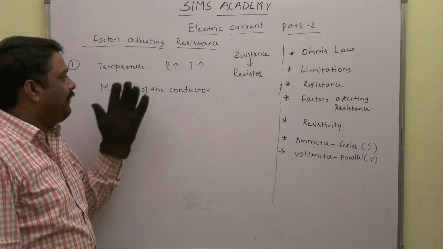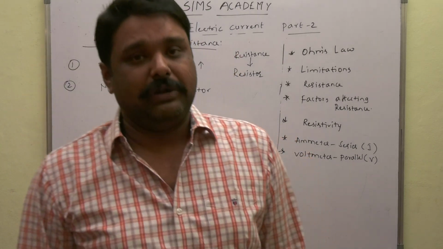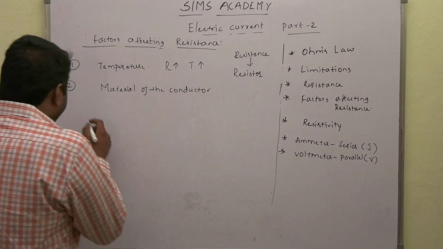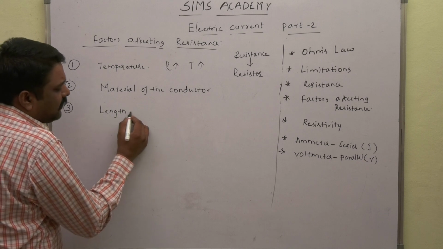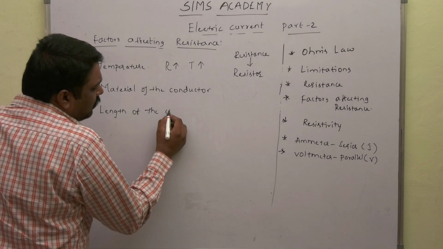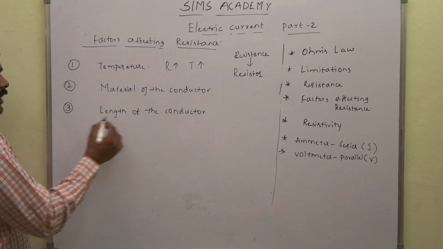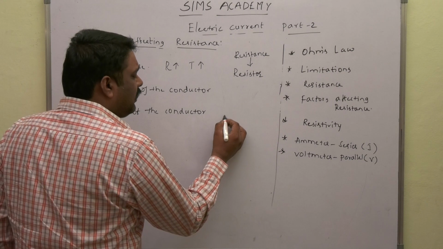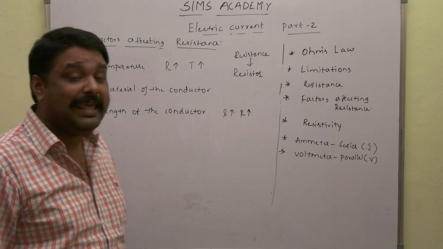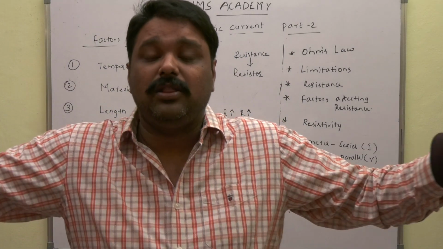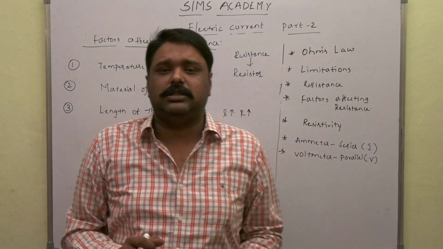Now we have seen two factors that affect the resistance. Number one is temperature, and number two is the nature of the material of the conductor. And number three, resistance depends upon the length of the conductor. If the length of the conductor is increased, the resistance is also found to be increased.